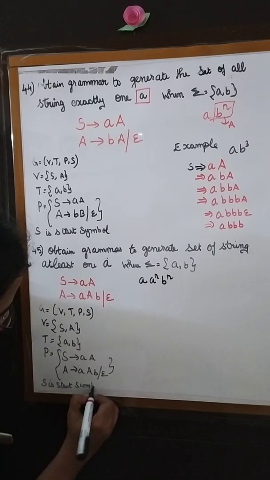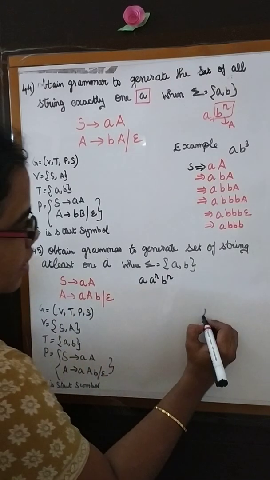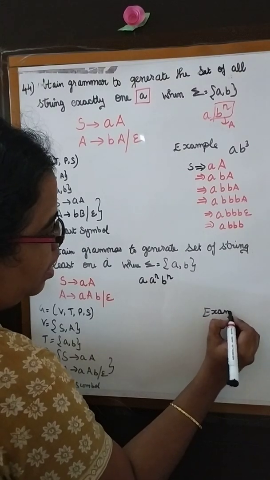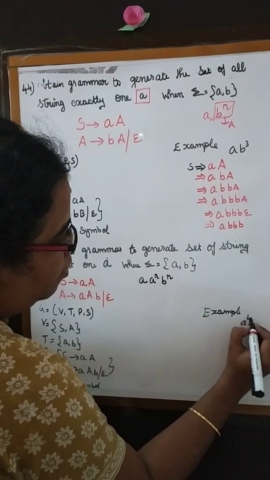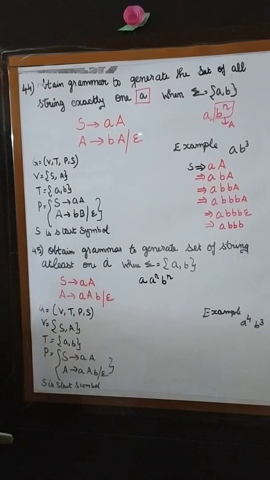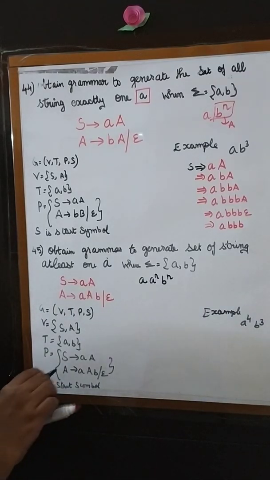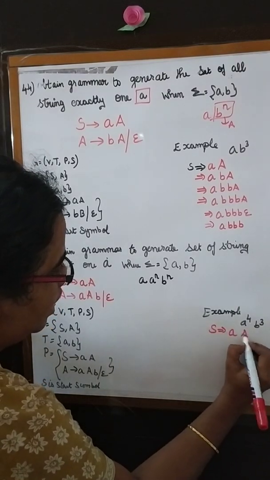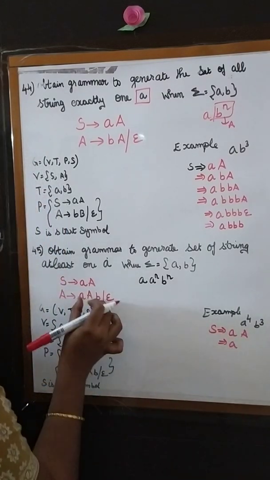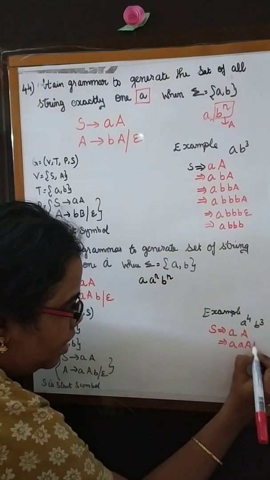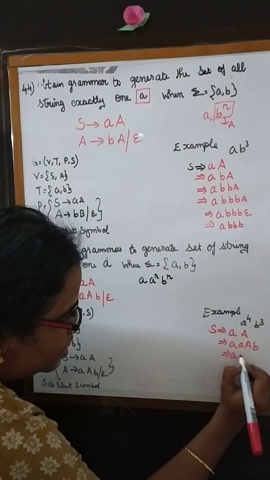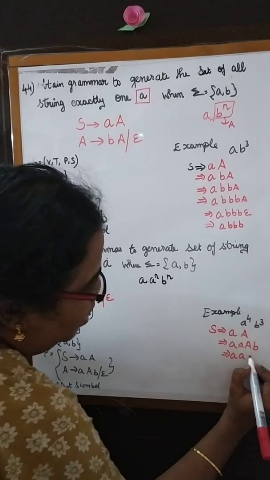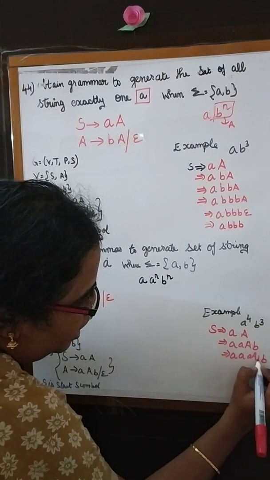Now for an example, I need a to the power of 4 and b to the power of 3. I'm going to start with S, then a A. So this A I'm replacing with a A b, and once again this A I'm replacing with a A b.